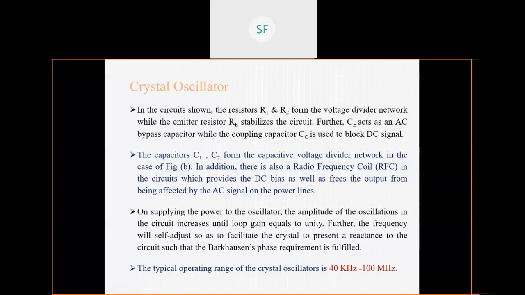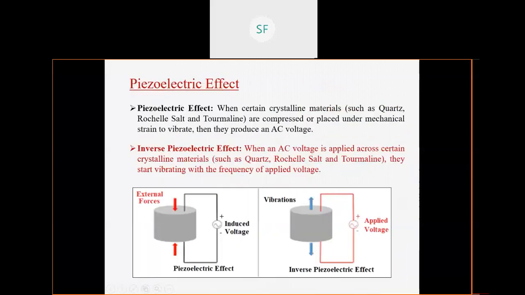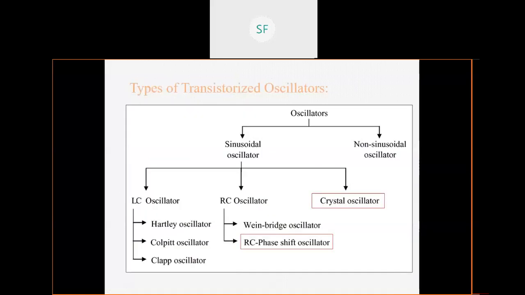I have already mentioned the classification of oscillators. I will just go to that PPT. Now, there are many LC oscillators and RC oscillators, but all of these provide some problems in stabilization. It means the stability of the oscillations is somewhat affected.